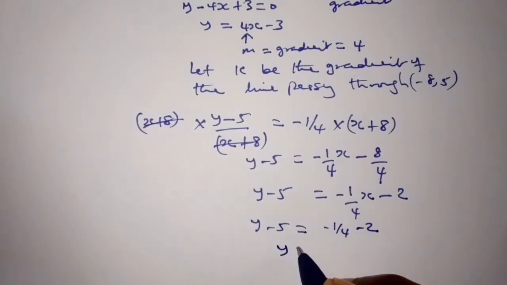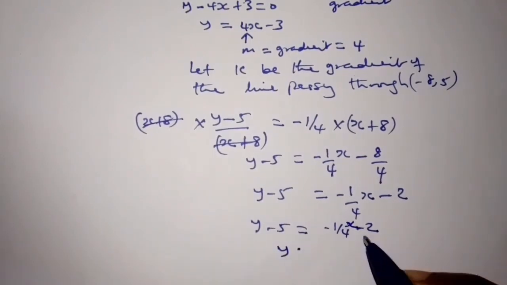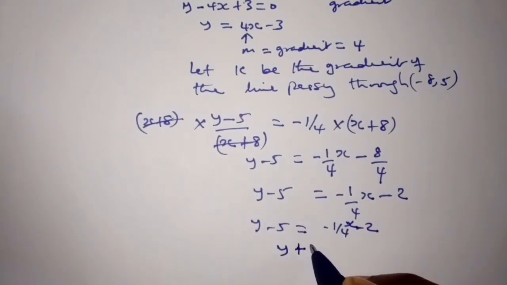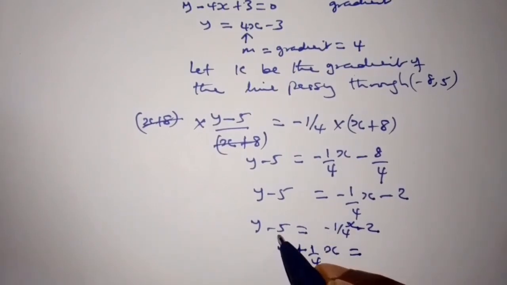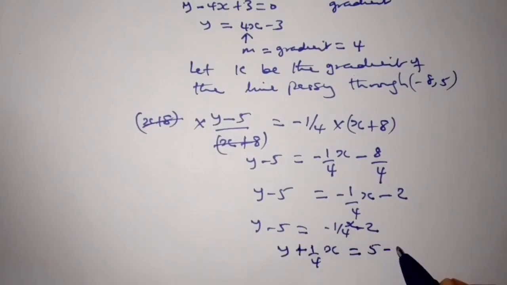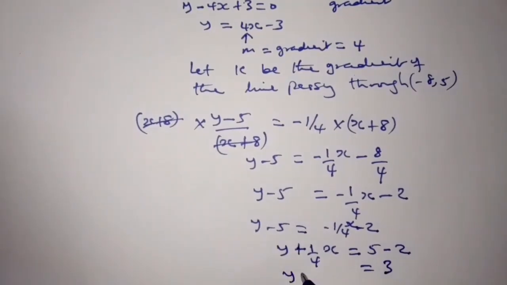We bring the x term to the other side, it becomes plus 1 over 4 x, and we bring negative 5 to the other side, it becomes positive 5 minus 2, which is equal to 3. So this is y plus 1 over 4x.